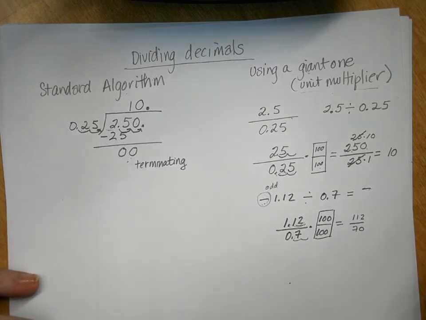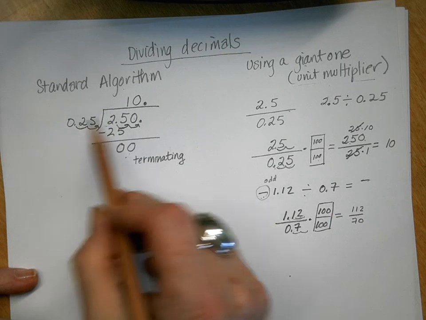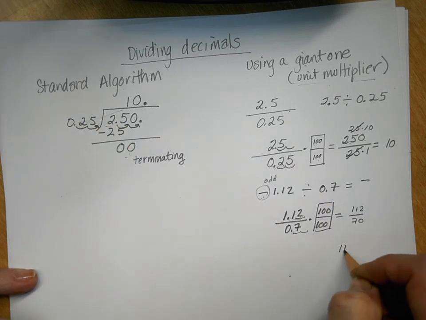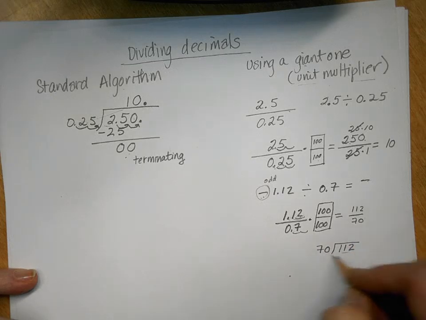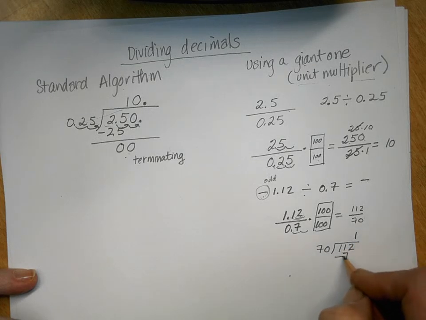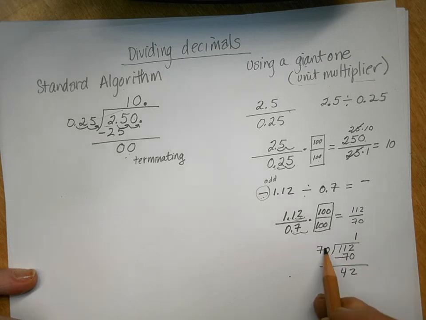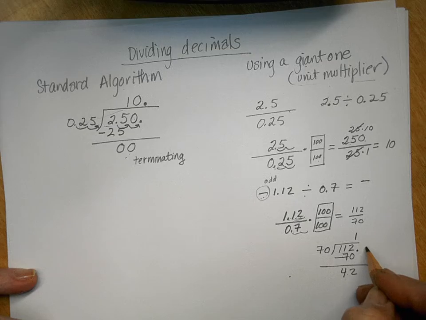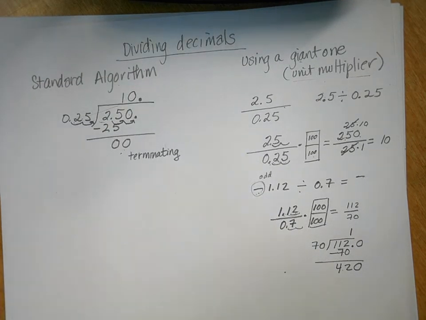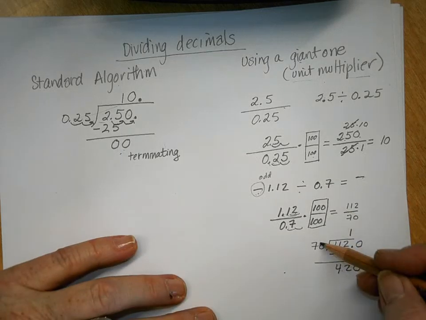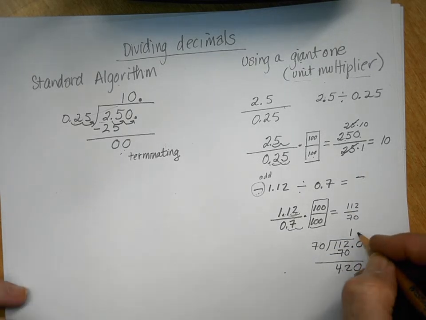So I see that, well, I can just go through and use my standard algorithm. So I have 112 divided by 70. 70 goes into this amount once. 70 won't divide evenly into 42, so I'm going to add a 0, make that 420. And I see that 70 will go into 420, I believe, 6 times.